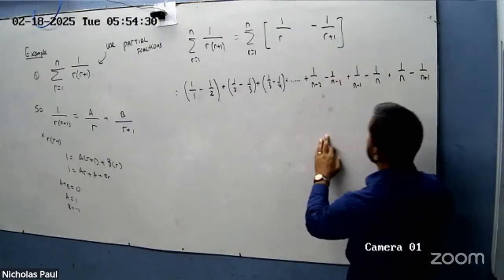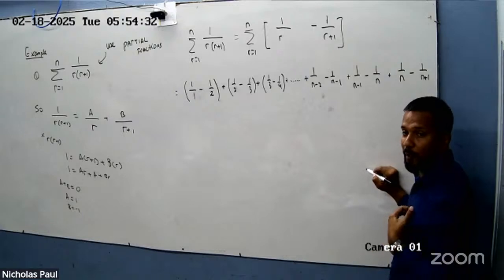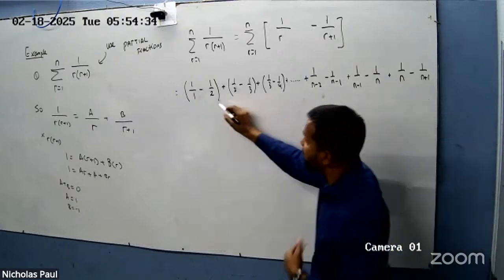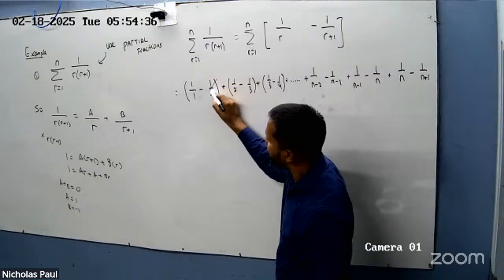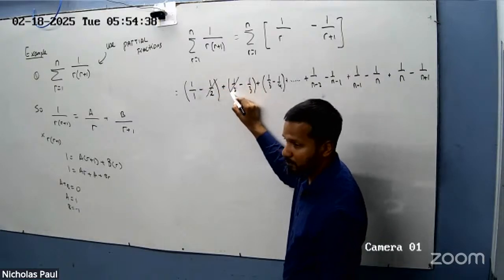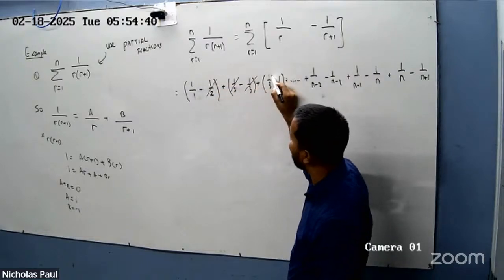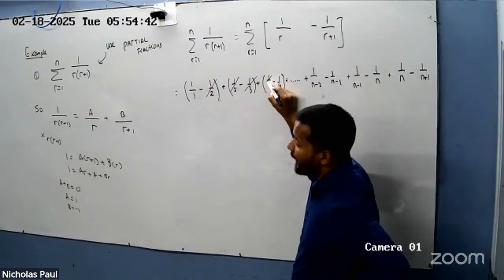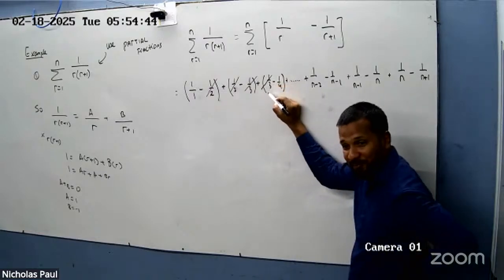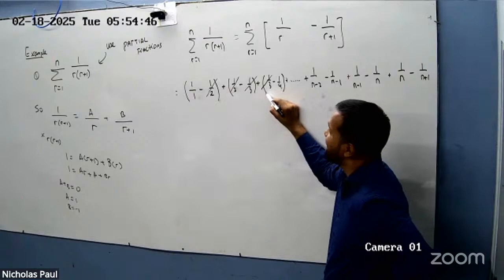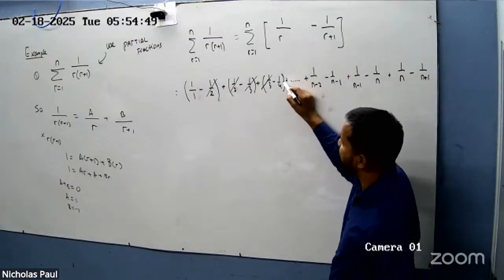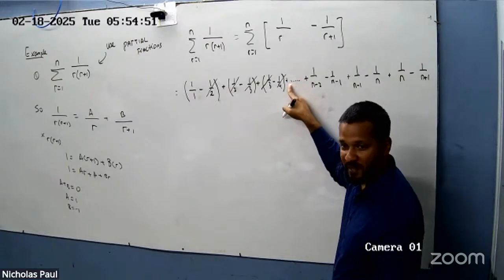Right? So look at what's happening here. This minus a half will cancel here. This minus 1/3 will cancel, minus 1/4 will cancel here. This quarter will cancel with whatever is next to it, right?